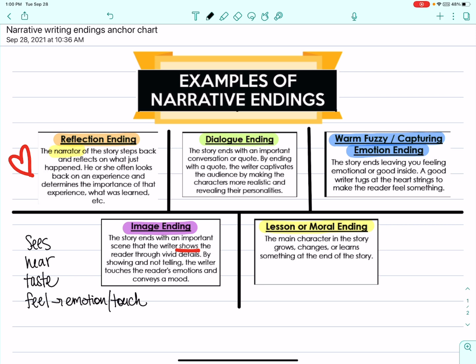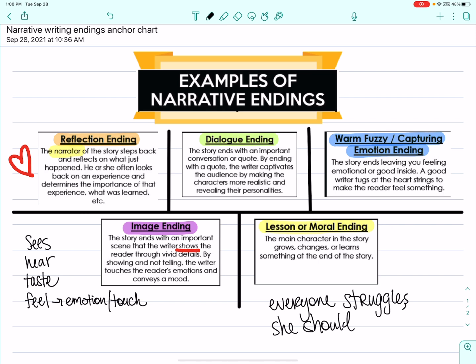And so that helps her understand that she should really be more bold and open with people because everyone struggles. So that is her lesson, right? That everyone struggles, and she should be more open with people. She should be more vulnerable with people.